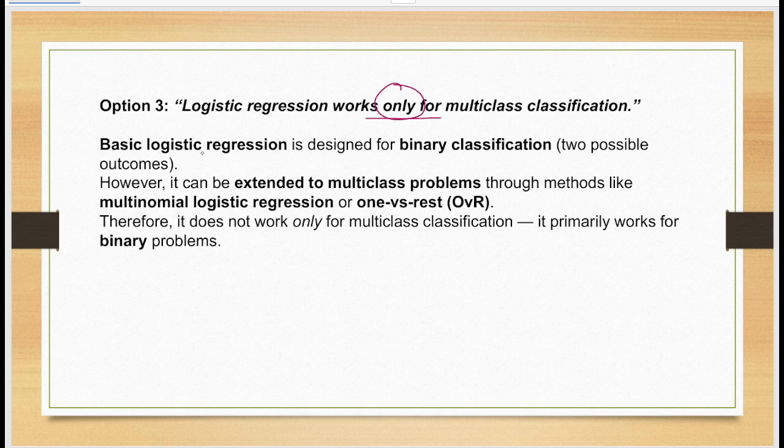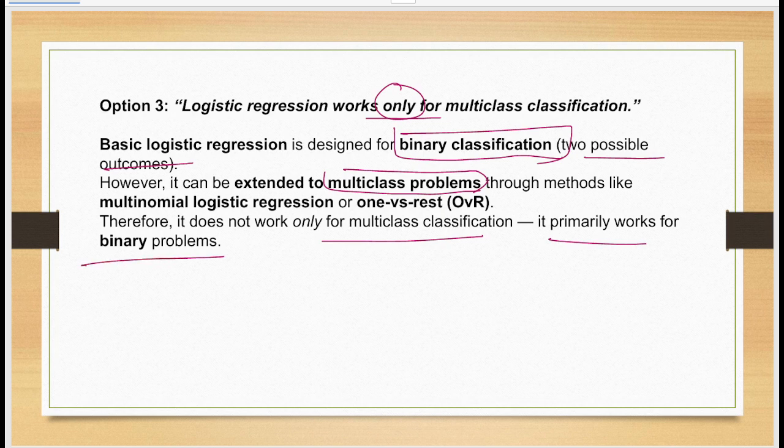As we know, logistic regression is mainly designed for binary classification, meaning two possible outcomes, and further we can extend it to multi-class problems as well. So it does not work only for multi-class classification; it primarily works for binary class problems.